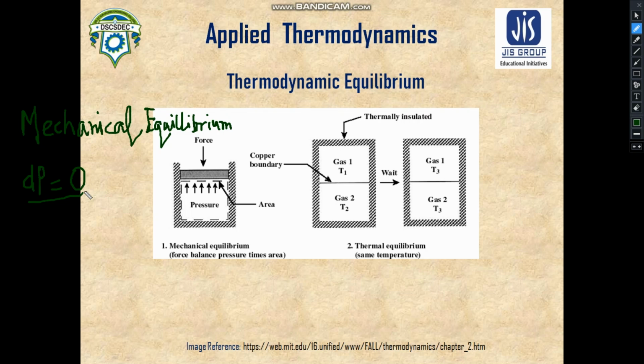Okay, so it also means that there shouldn't be any kind of pressure difference, just like in the case of thermal equilibrium, there shouldn't be any kind of temperature difference. And what do we mean by chemical equilibrium? Chemical equilibrium suggests that there should not be any kind of difference in mass concentration.